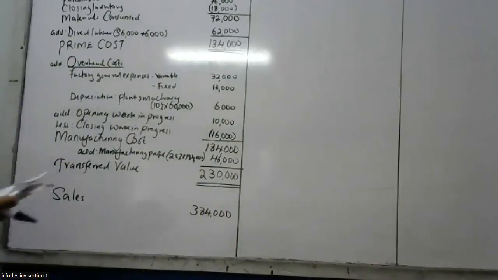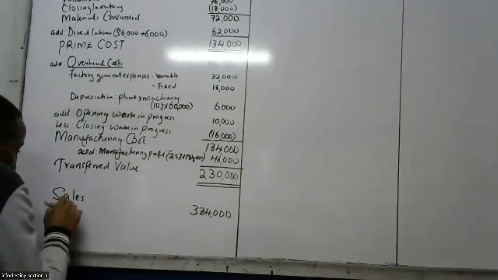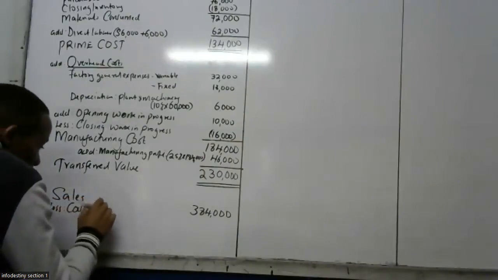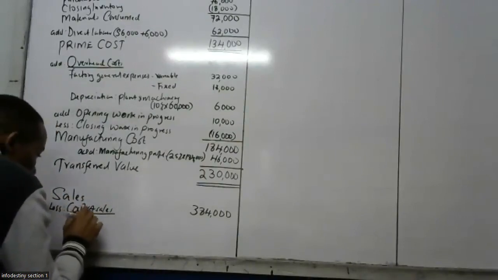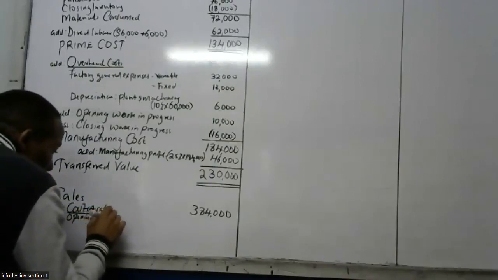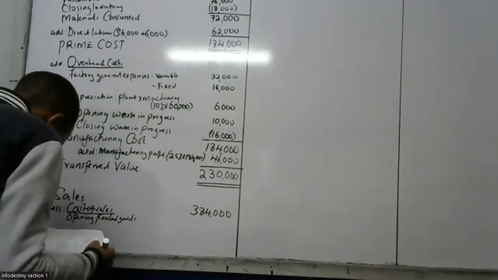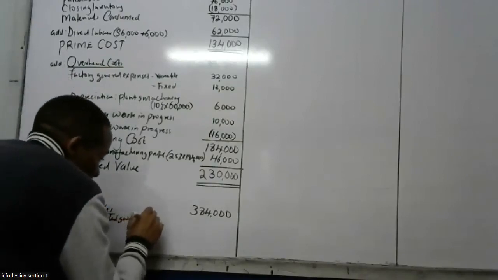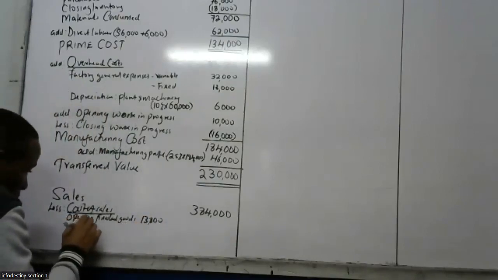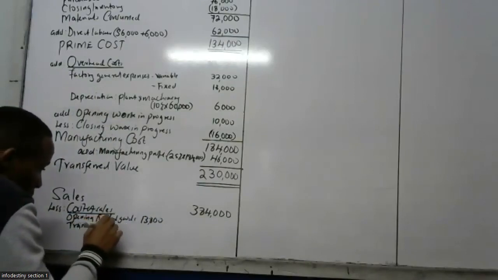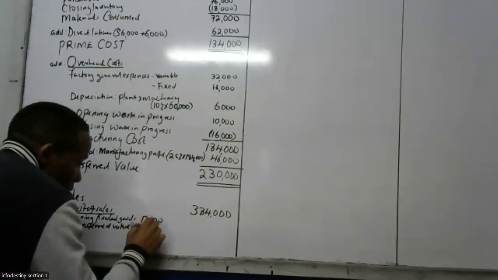Then there was no return inwards. So we less the cost of sales. The cost of sales is made up of the opening finished goods, and we're given an amount of 13,800. We add the transferred value of 230,000.